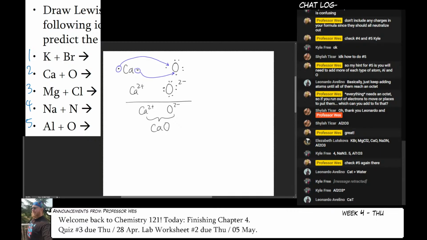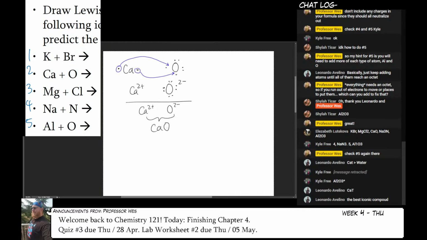All right, so there's our compound. Now, as a check for this, what you'll notice is that these charges should always completely balance out.